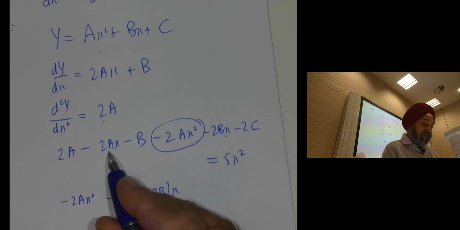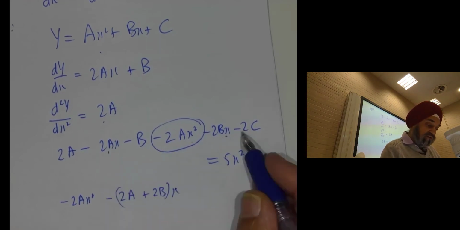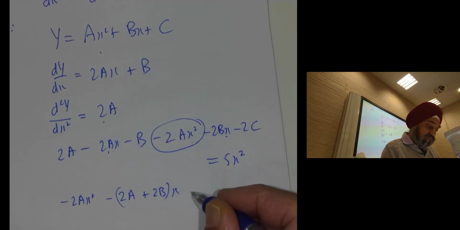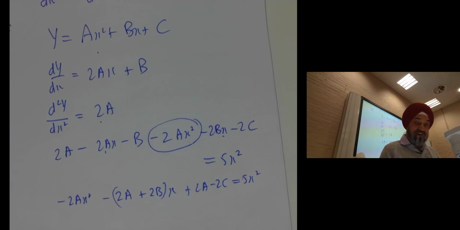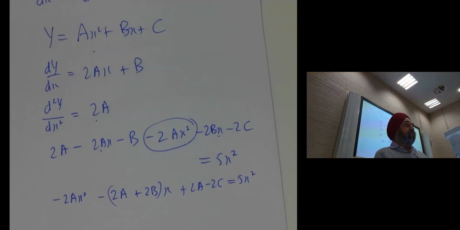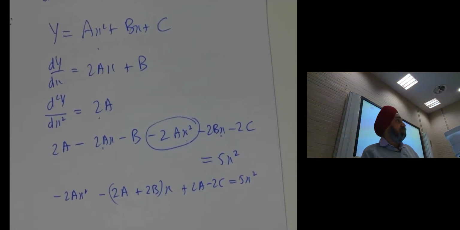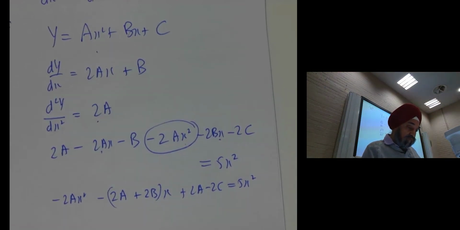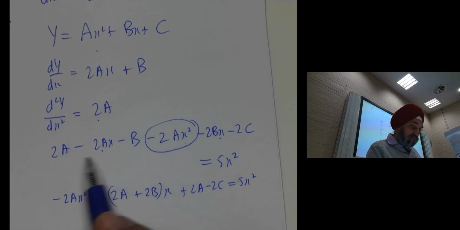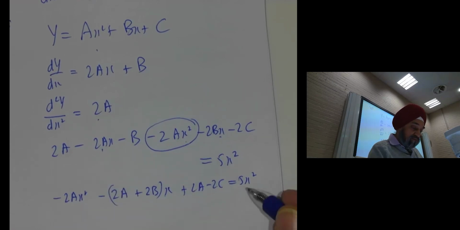Yeah, that one and that one. And what else have we got? Plus 2a minus 2c is equal to 5x squared, haven't we? That's what you get, yeah? Wait, what's the b? You forgot the b. Yes, there's a b missing, isn't there? Minus b. 2a minus b.